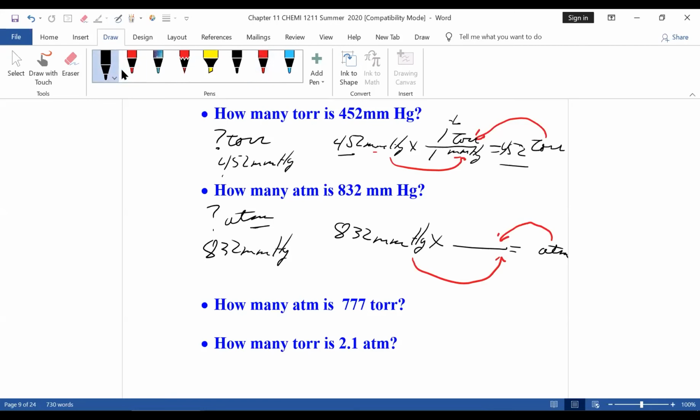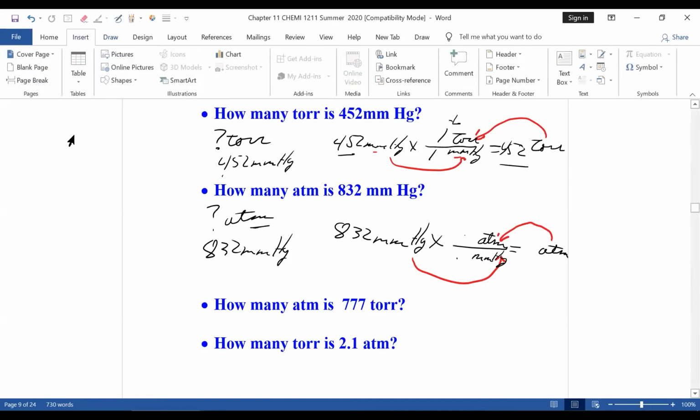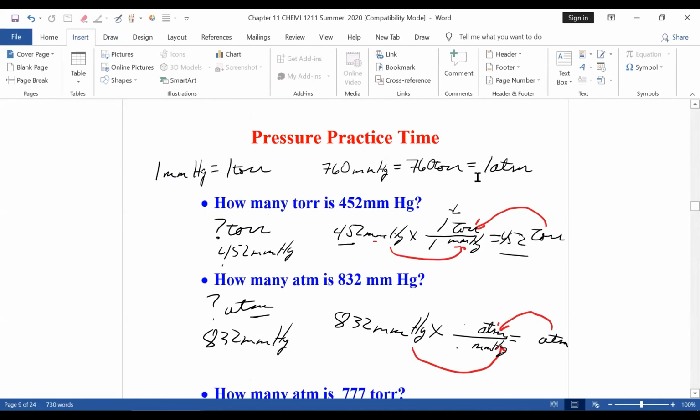In this case, this is atmospheres. Down here is millimeters of mercury. Where do I get these numbers? You will be given this on test number 3, and that is 760 millimeters of mercury equals 760 torr equals 1 atmosphere.